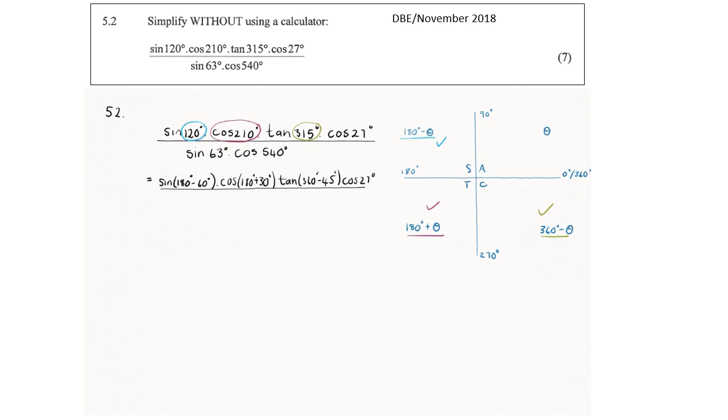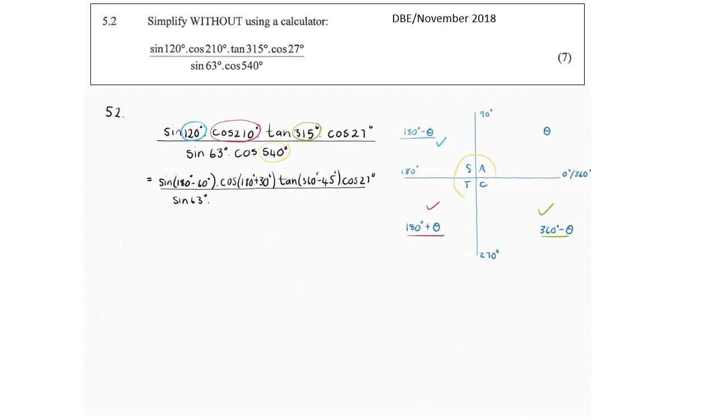Cos of 27 degrees, we are going to leave like it is first, since this is in the first quadrant. Then, in the denominator, we have sine of 63 degrees. This is already an acute angle. And then lastly, cos of 540 degrees.